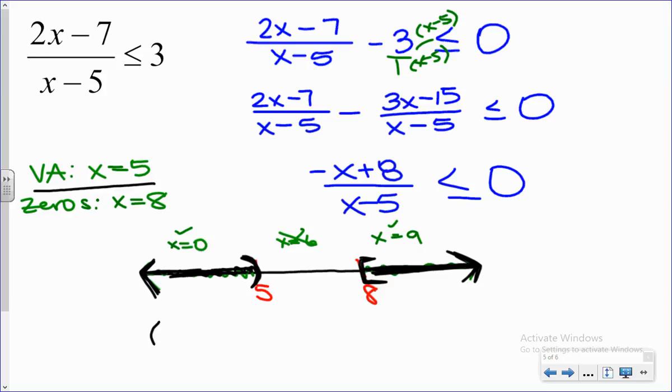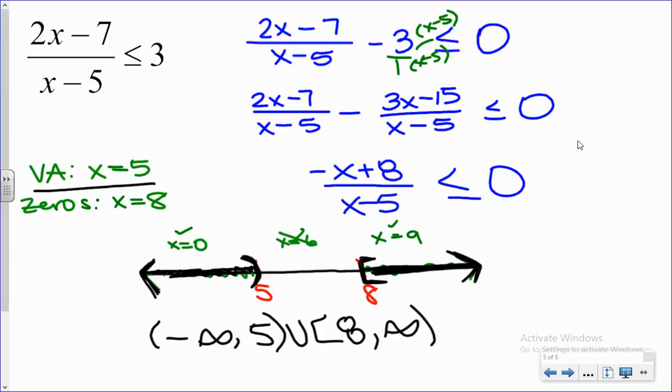Okay, so interval notation, negative infinity to 5, and including 8 to infinity. Okay. Always think about that vertical asymptote because we cannot include it.